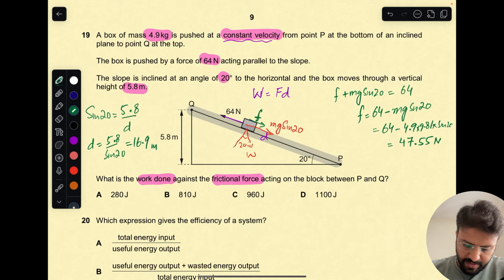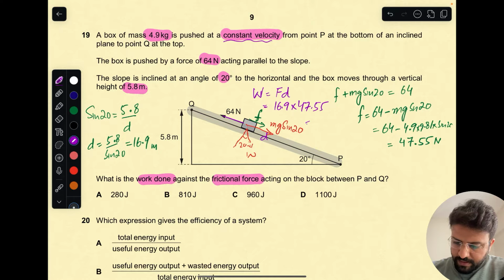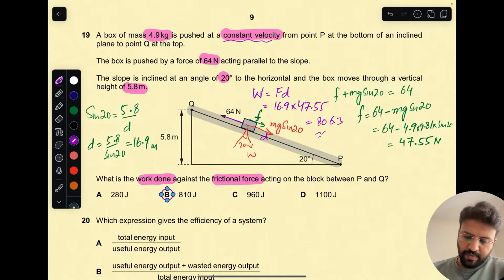So work done will be simply 16.9 into 47.55, and when multiplying both of them, we will get 806.3. It's closest to 810. Okay, so option B is correct in that case.